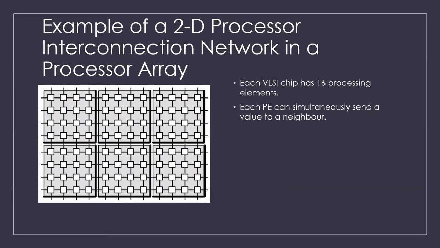Another aspect of the processor array is its interconnection network. The most popular type of interconnection network used in a processor array is a 2D mesh, which you have learned in an earlier session. 2D mesh is a relatively straightforward implementation in VLSI, where a single chip can contain a large number of processors.